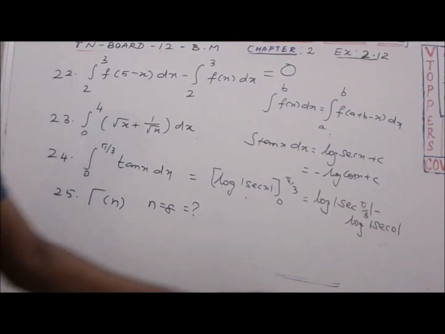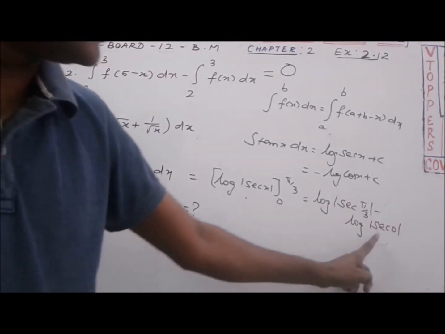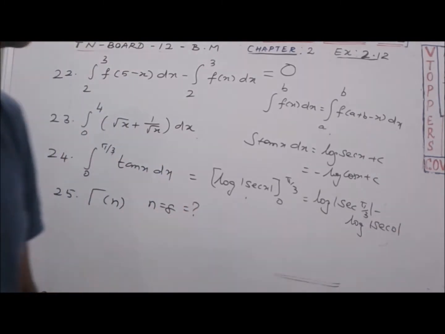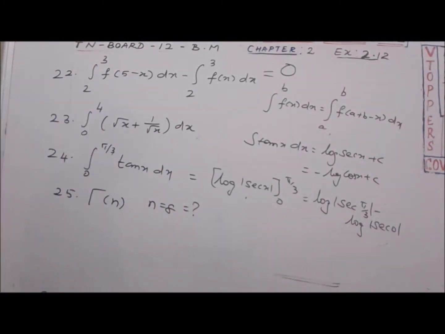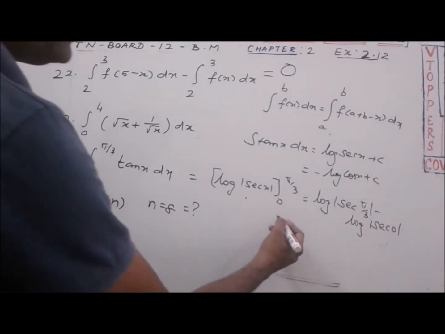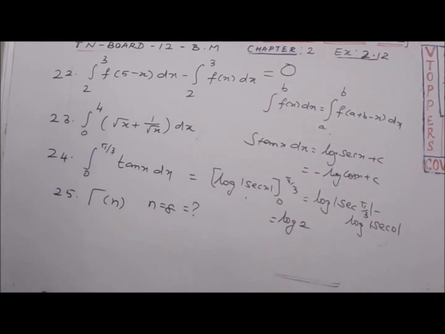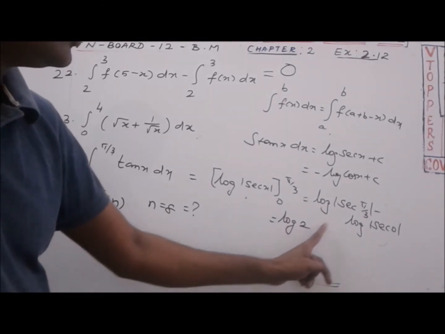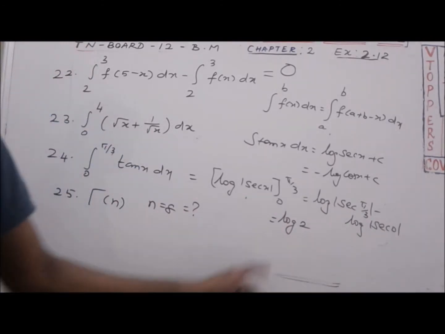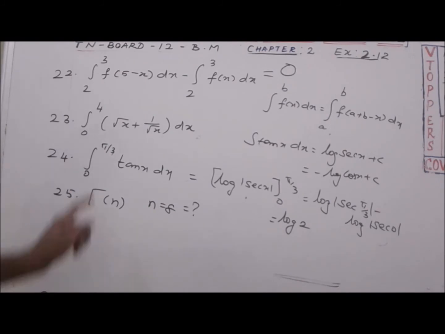Here secant 0 is 1, so log 1 becomes 0. Now secant pi by 3 is 2, since cos pi by 3 is 1 by 2. So log 2 minus 0 is log 2. So option A, integral 0 to pi by 3 tan x dx is equal to log 2.